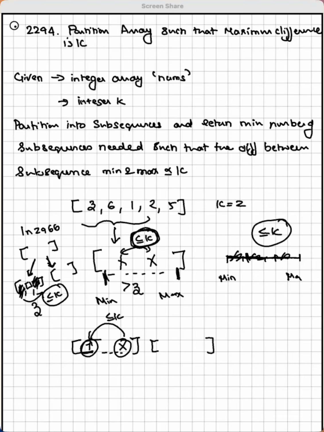So if you think about what we are doing, let's say my minimum is an element of value e. Then we are making sure that we are covering all values within a difference of less than k, which means the maximum value that we're going to take up is e plus k.